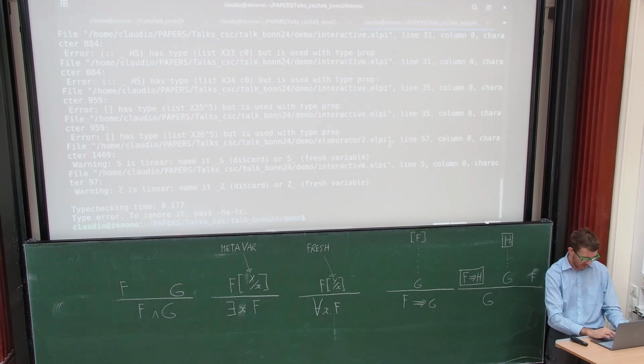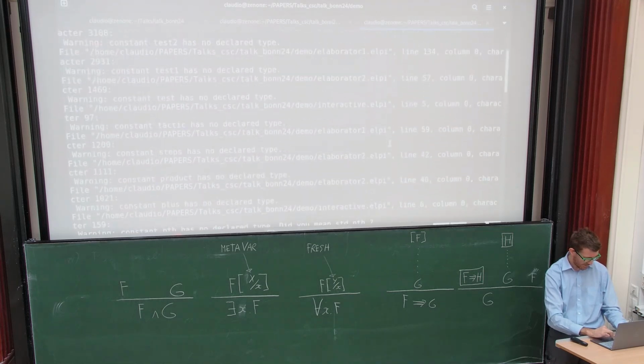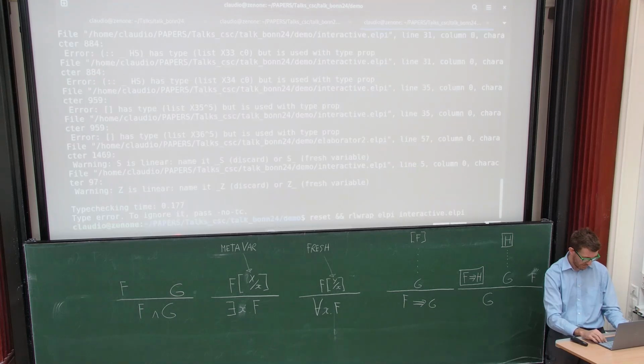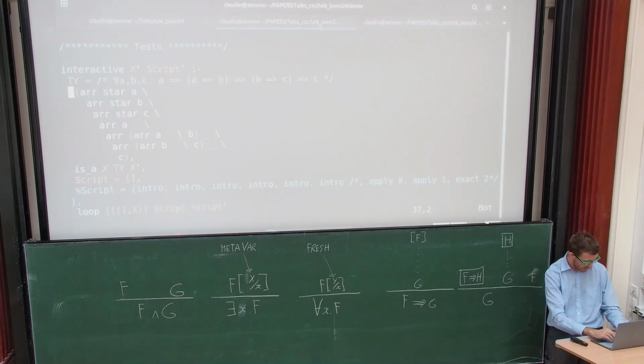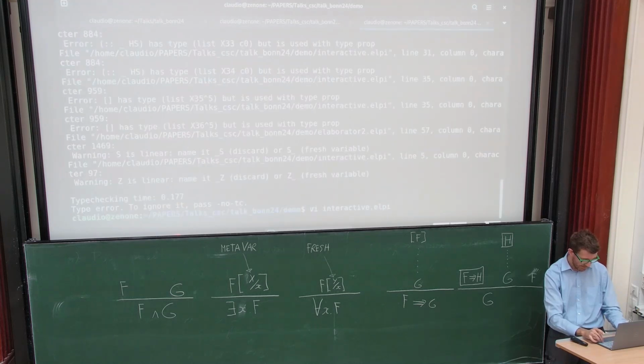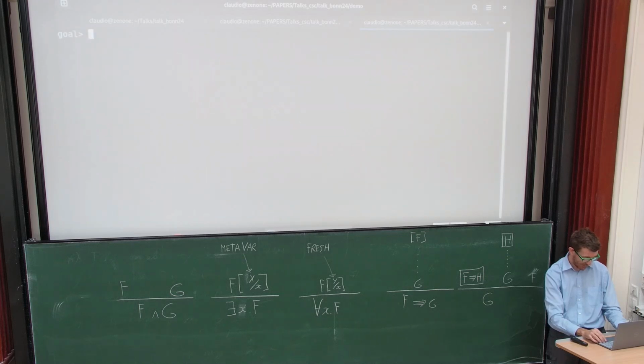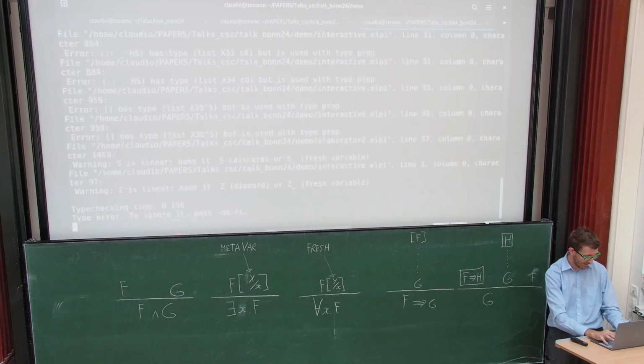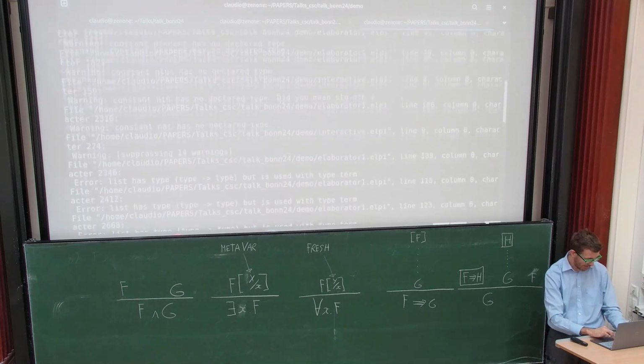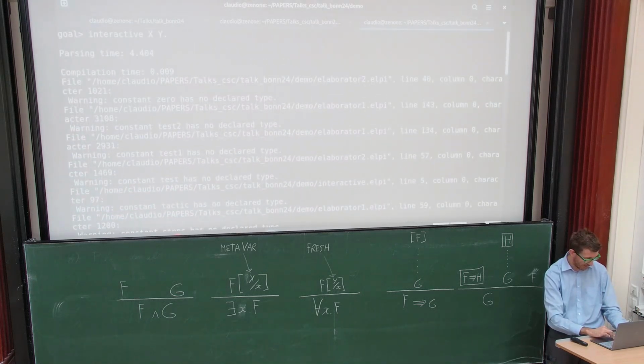What didn't it like? Oops. Well, maybe I can just take the question and avoid the typical demo effect. Yeah, there is a parsing error. I must have introduced some parsing error somewhere.